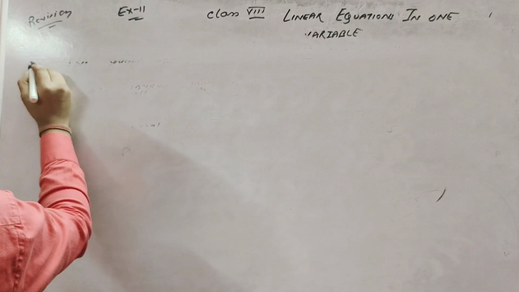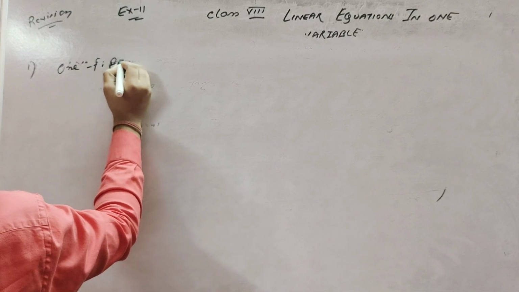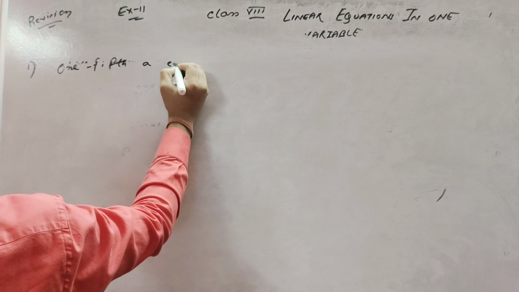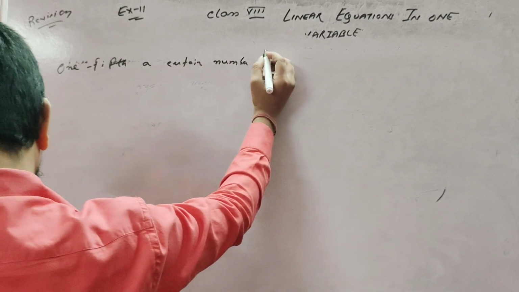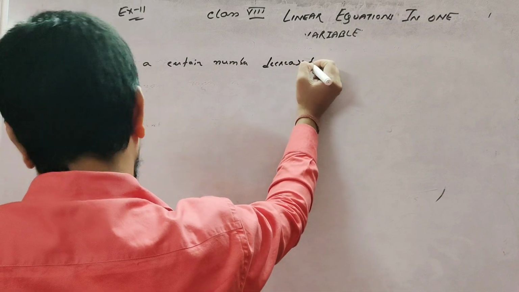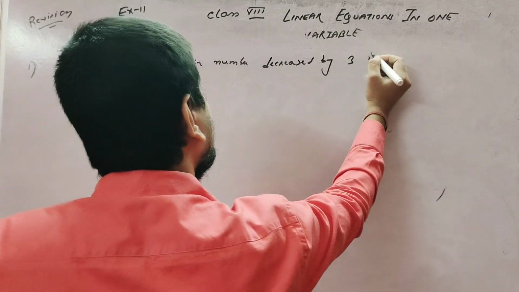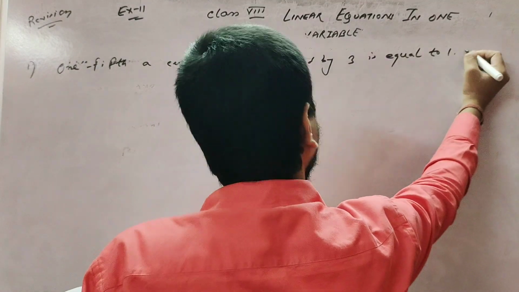Now one more question. 1/5 of a certain number decreased by 3 is equal to 1.